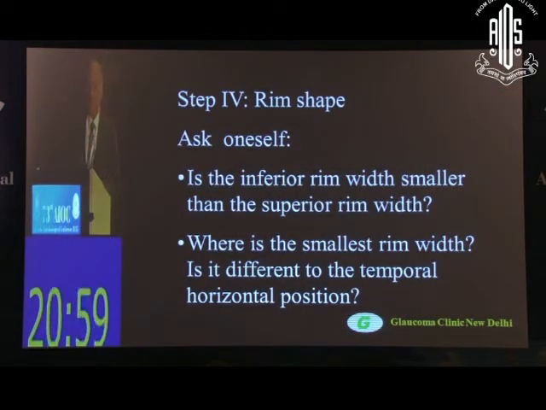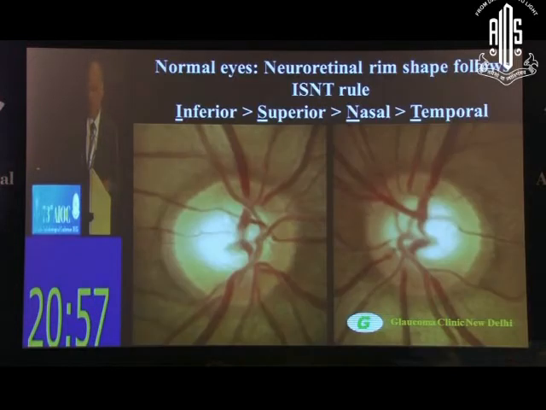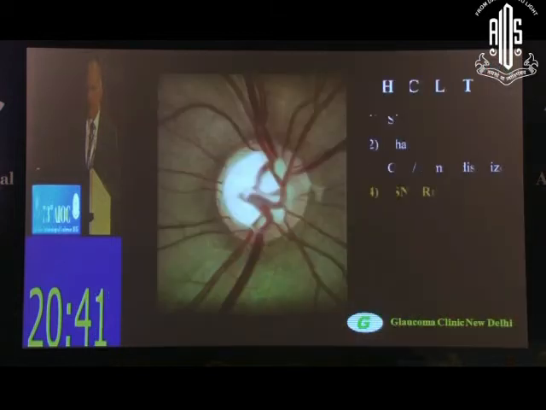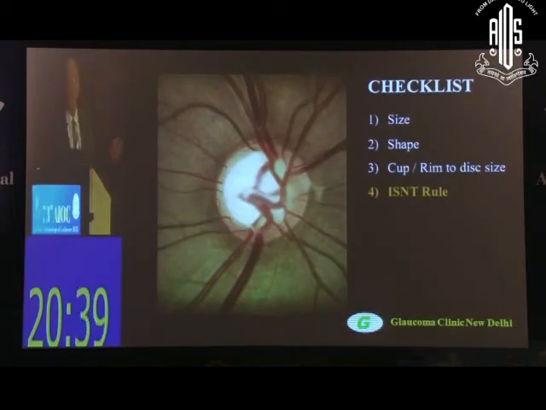The work on the neural rim established the fact called the ISNT rule: the inferior rim is normally wider than the superior rim, and the nasal rim is wider than the temporal rim. It comes from work done in Caucasian eyes by Werner in Philadelphia, and I showed you this optic disc earlier.